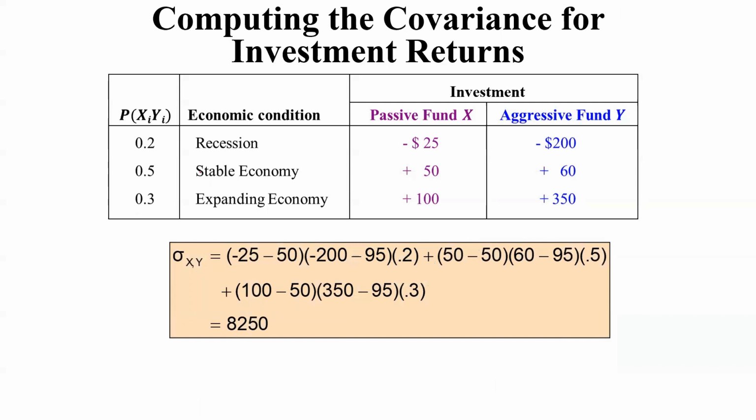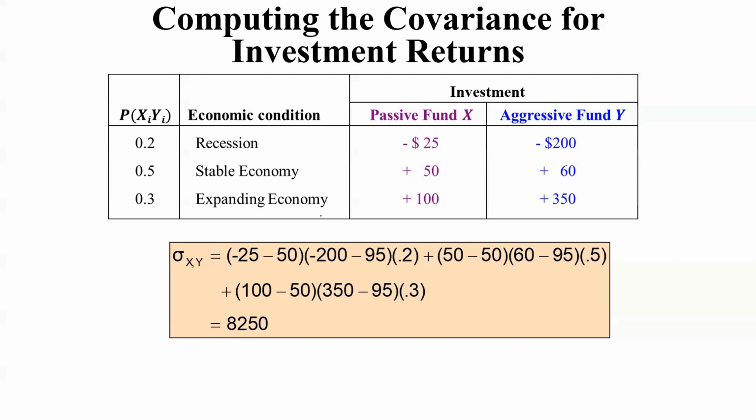Now we're going to calculate the covariance of these investments. I'm sure you all still remember the formula I mentioned in the previous slide. All you need to do is plug those values in. We know the expected mean of X and the mean of Y, so we just calculate according to that.